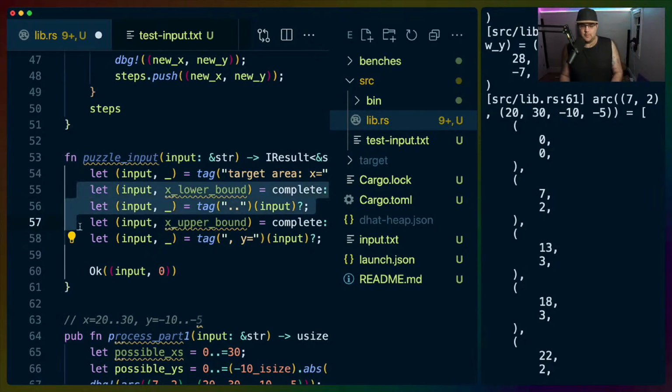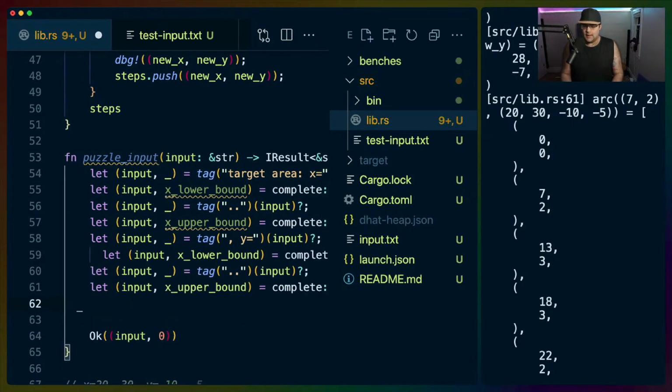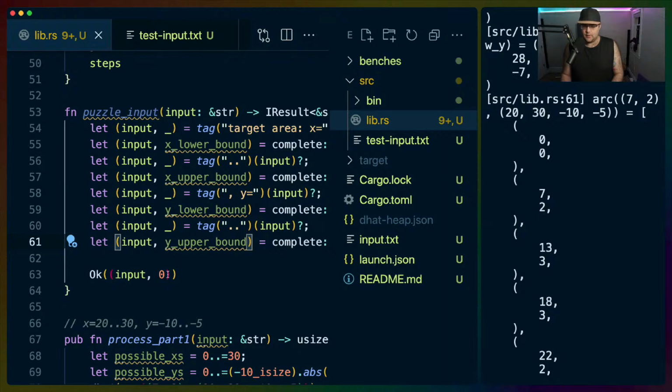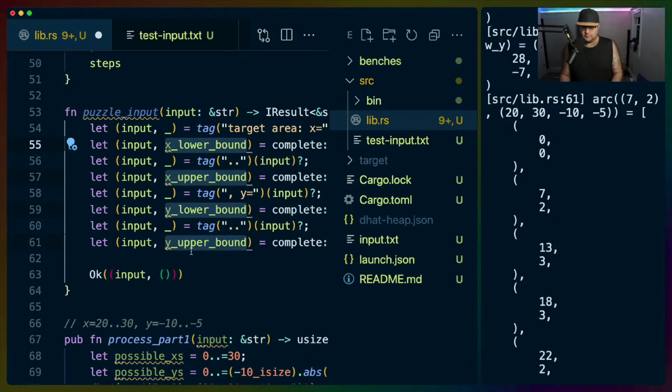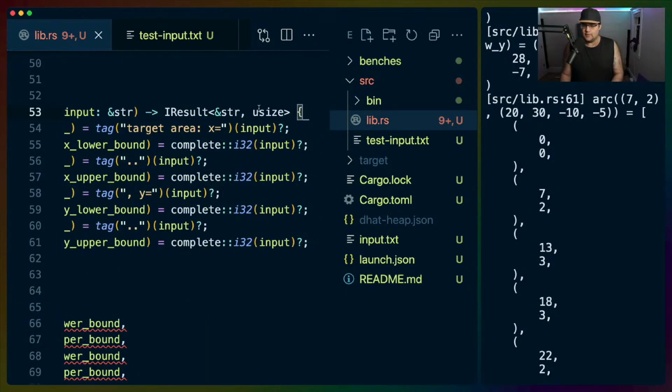And then we do the same exact thing we just did, which we could pull out into a parser, but I chose not to here. This is y, and this is y upper bound. So here we're going to return all of these bounds, basically. And this is going to return a tuple of i32s, I guess.